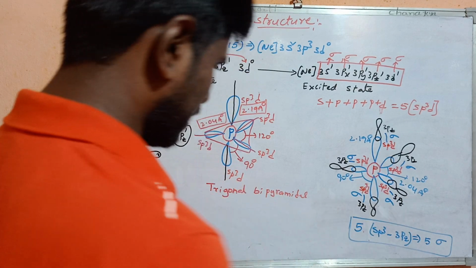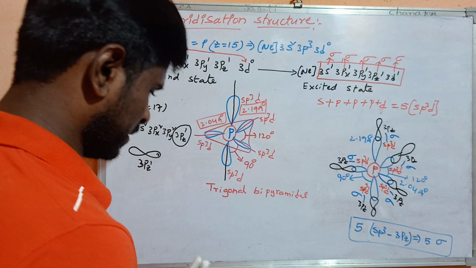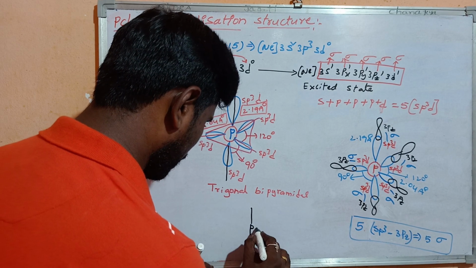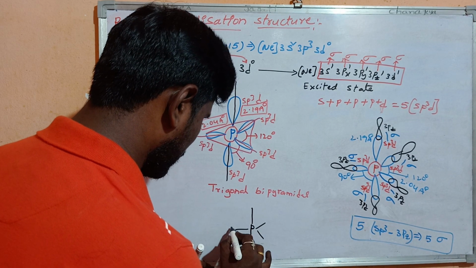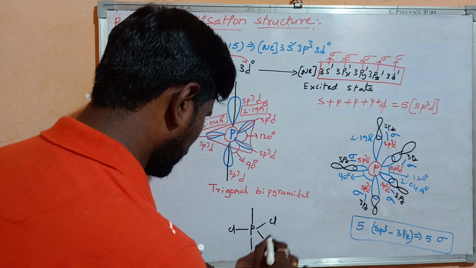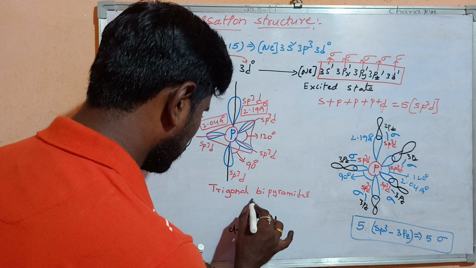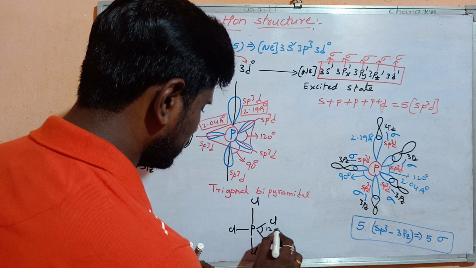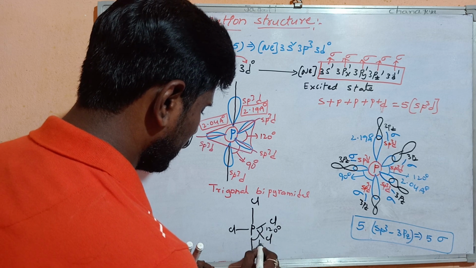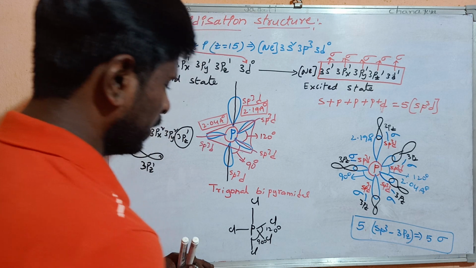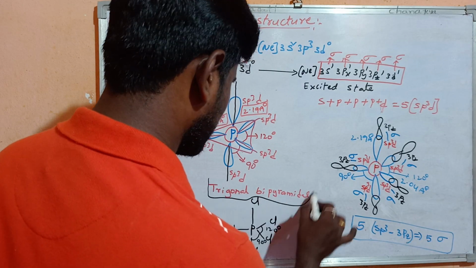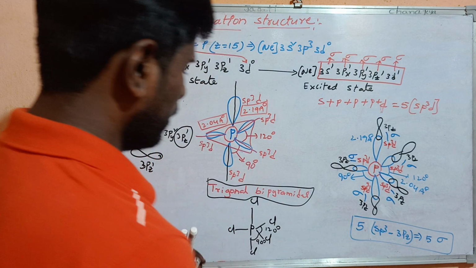Simply, this diagram will have to be drawn like this: chlorine, chlorine, chlorine, chlorine, chlorine. Here the bond angle is 120 degrees, here the bond angle is 90 degrees. This structure is called simply trigonal bipyramidal.